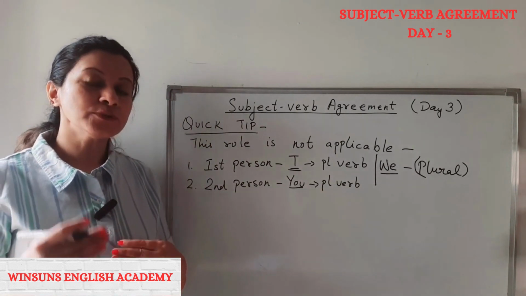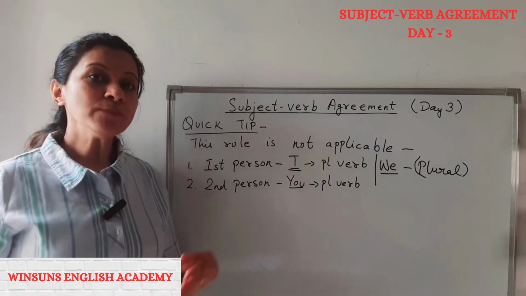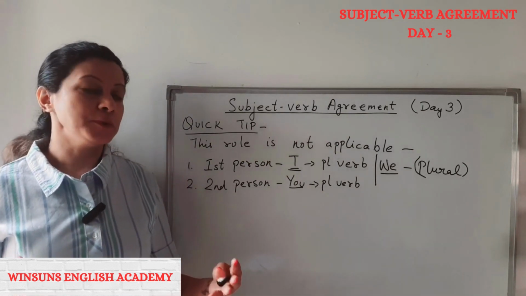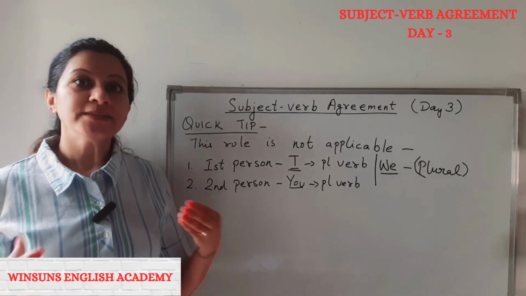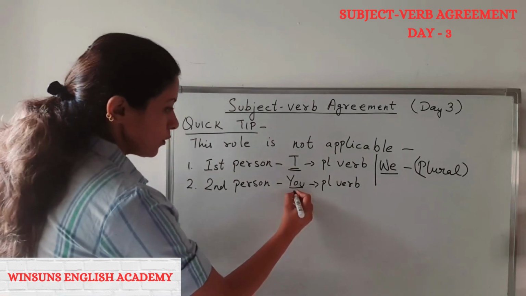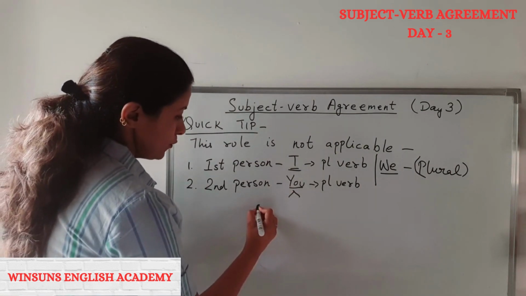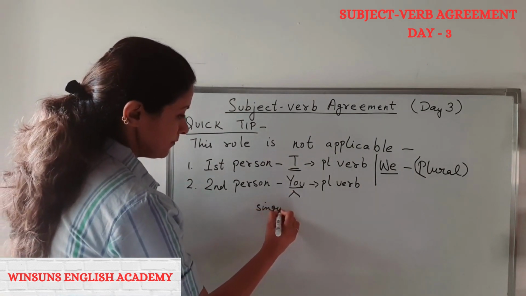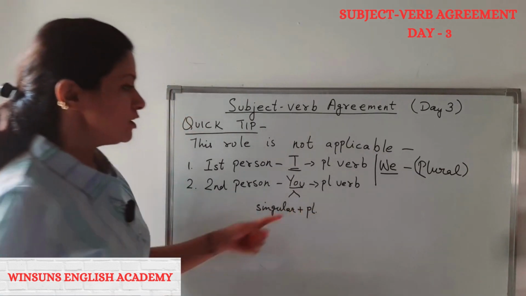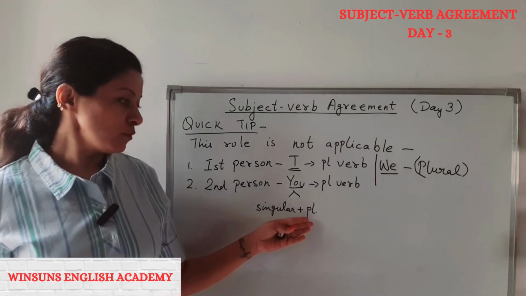I will still use you. If I'm talking to my audience or to my students who are probably 25 or 30 in number, still I would use you. So you is always taken both as singular and plural.